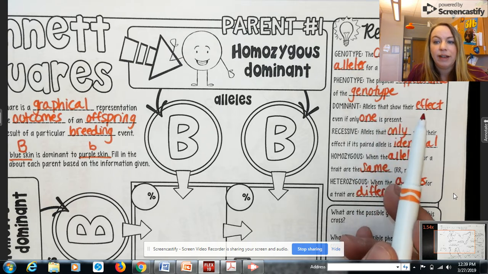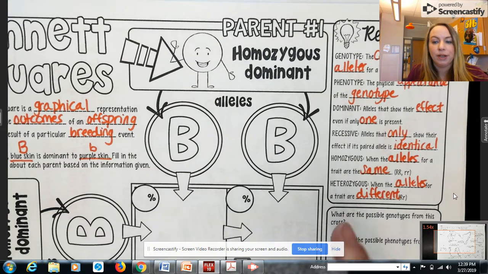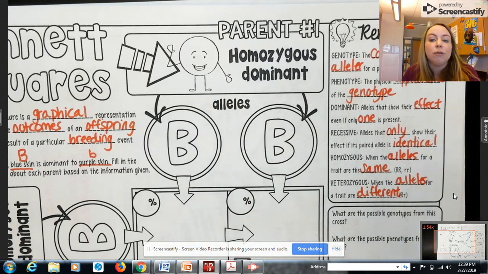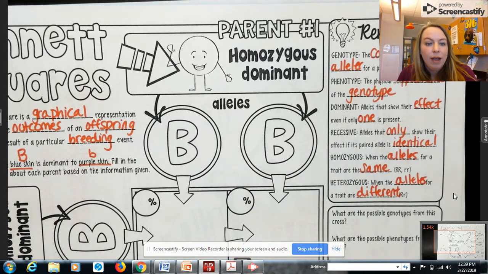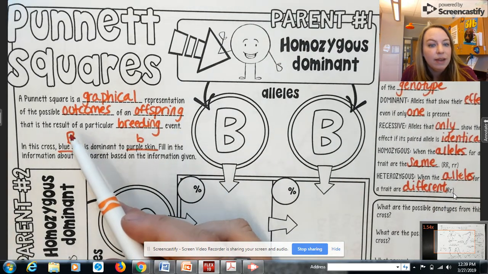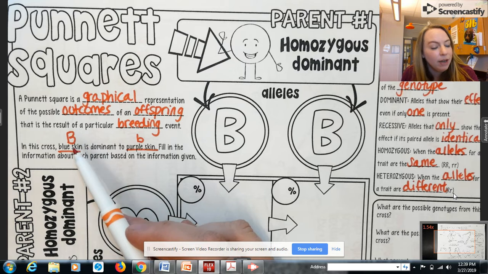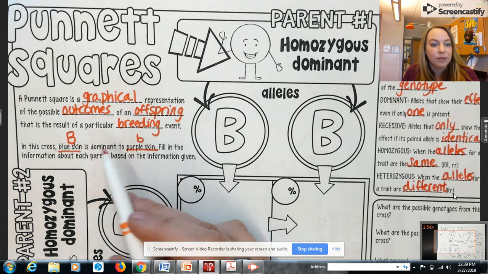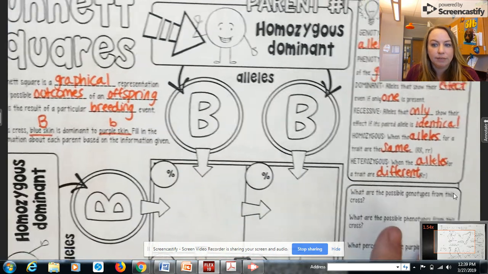They show their effect even if only one is present. So what's an allele? An allele is just a version of a gene, okay? So here we have the gene for skin color. So blue skin is dominant. That's the dominant allele. Purple skin is recessive. That's the recessive allele. So we've got two different alleles.